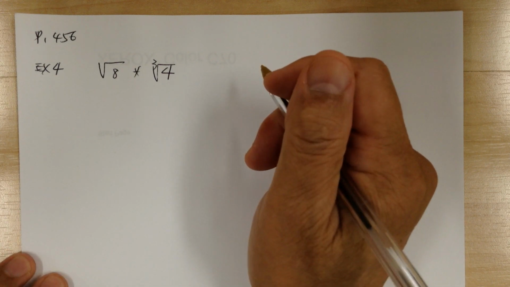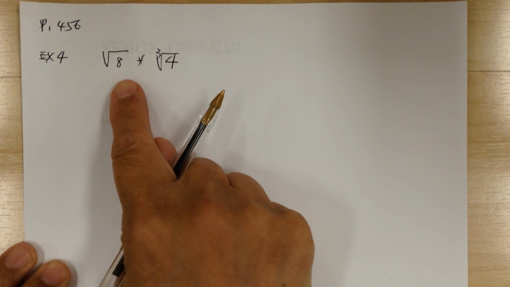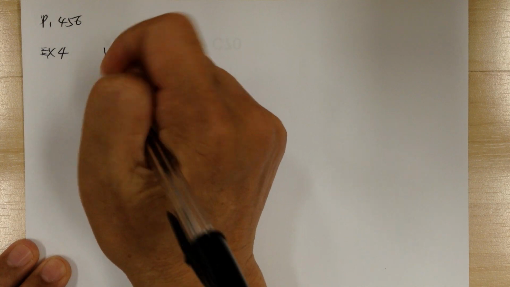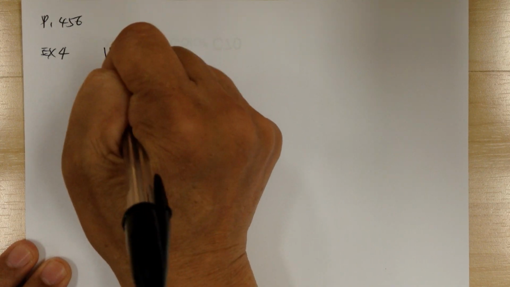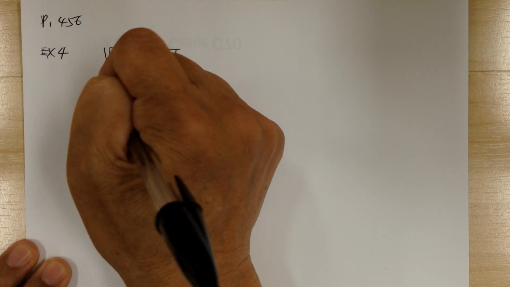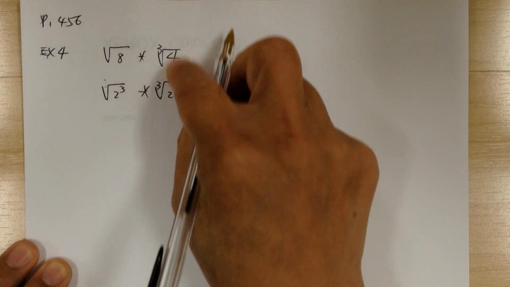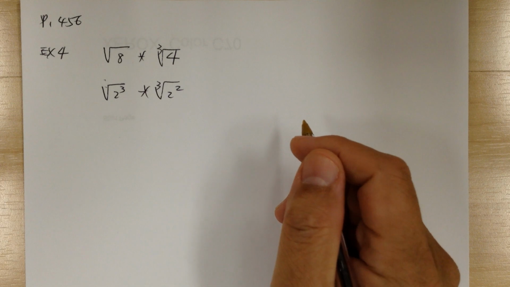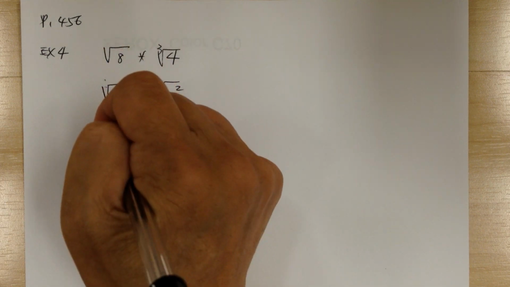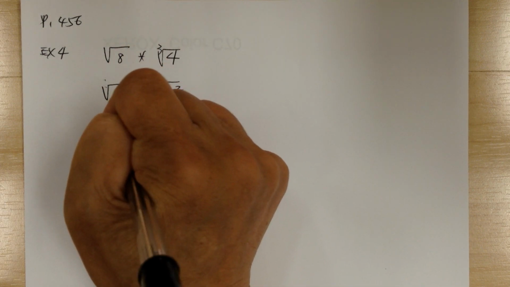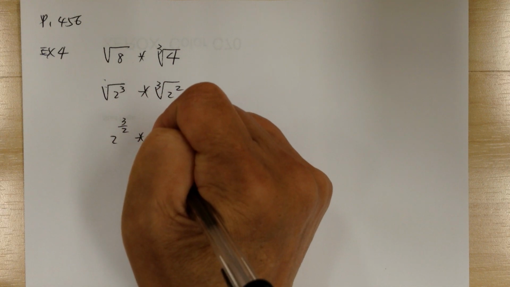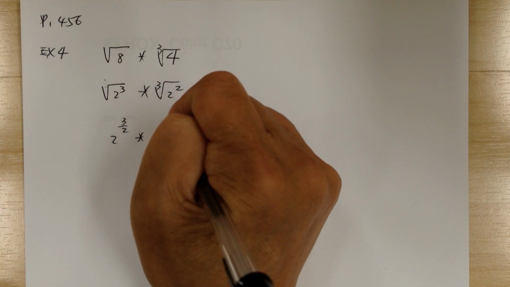Let's put it in exponential form first. This is the square root of 2 to the 3 power, and this is the cube root of 2 squared. You can break everything down into the lowest base possible, then put it in exponential form. So this is 2 to the 3 over 2 power, and this becomes 2 to the 2 over 3 power.